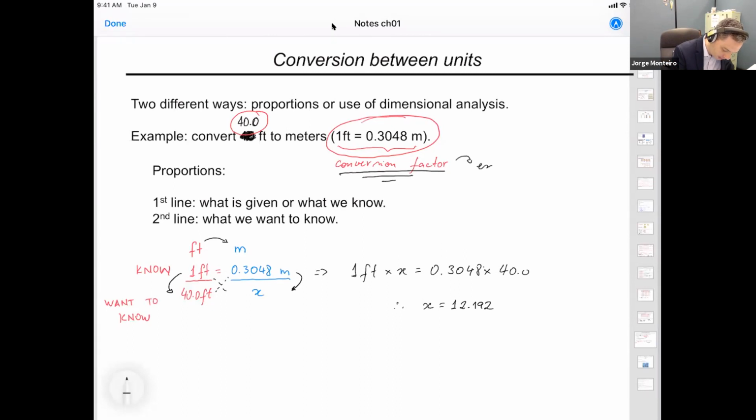So this here is an exact number. Therefore, we do not count anything from the conversion factor for the sig figs, okay? No participation in the sig figs. So any number from the conversion factor will not participate in our decision for the sig figs.